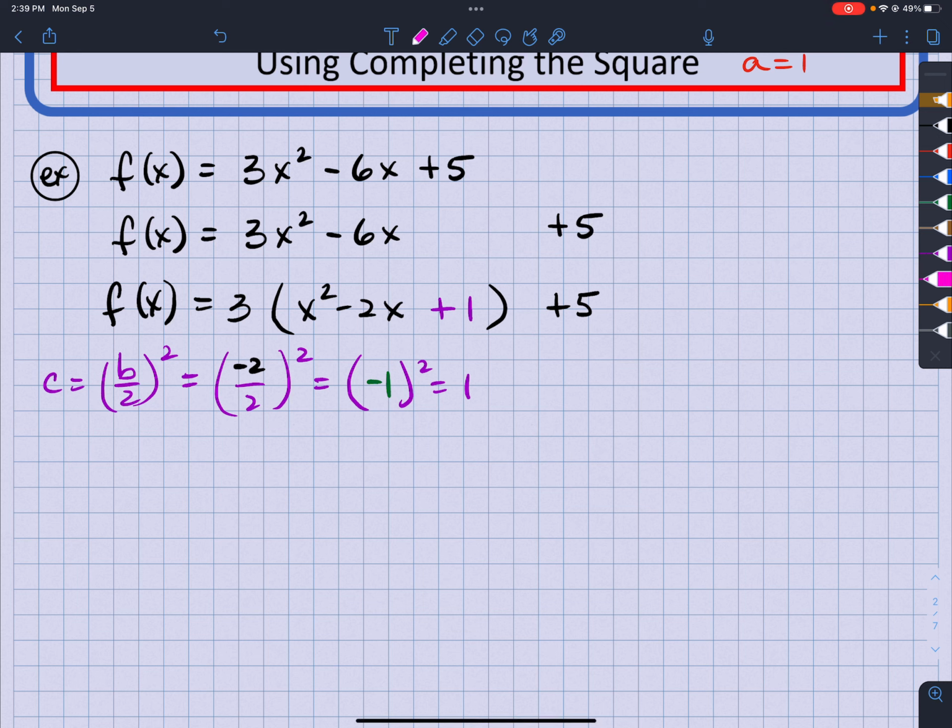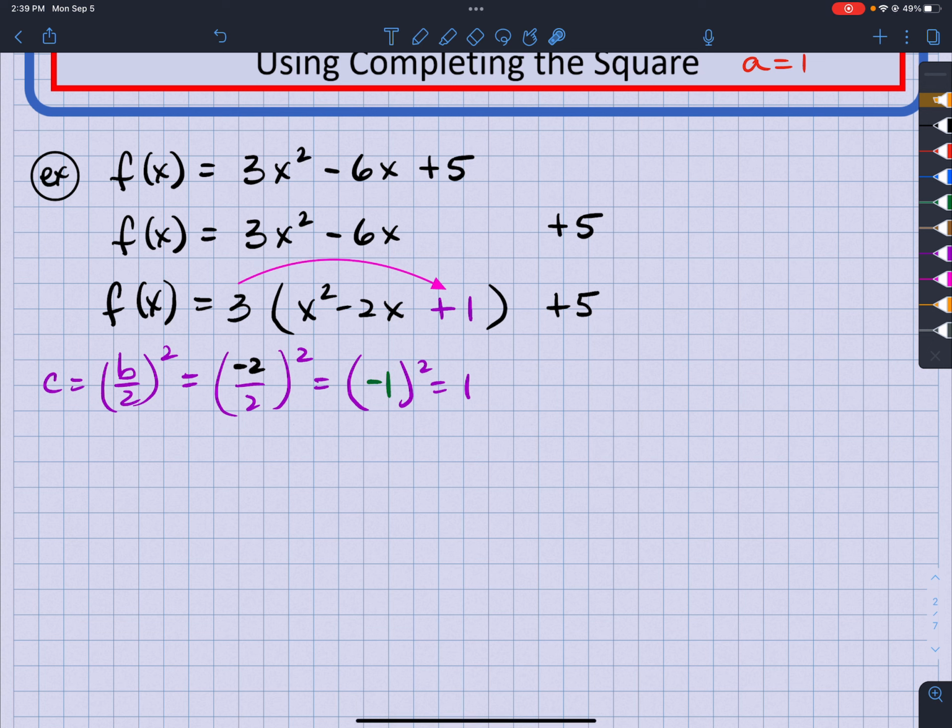Now, here is where the issue is. I didn't really just add 1. I actually added 3 because I have the 3 times 1, right? This c is in here, but on the outside, I actually added 3, okay?